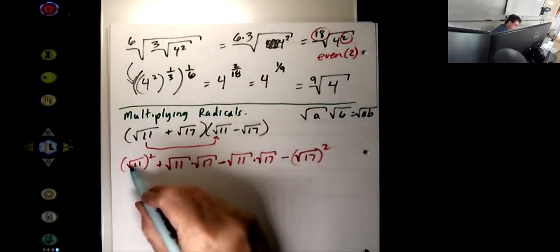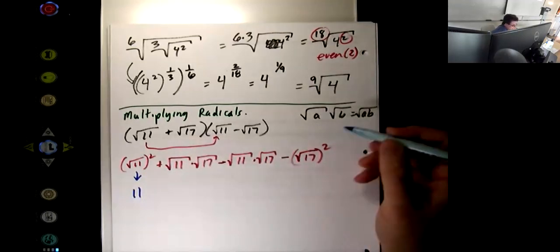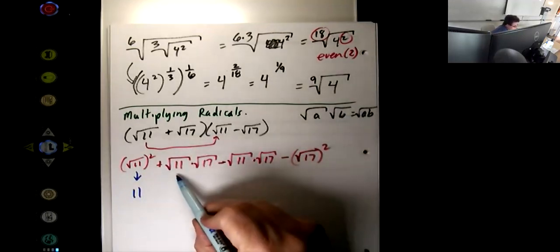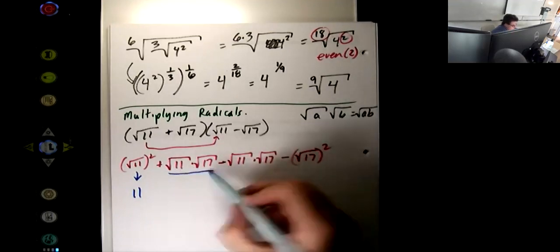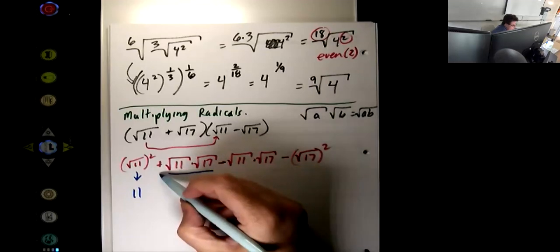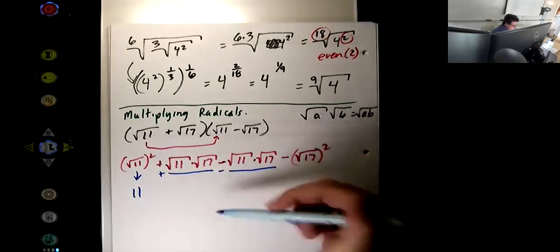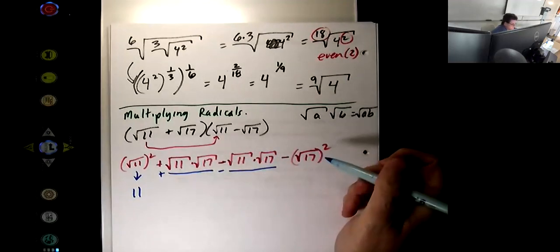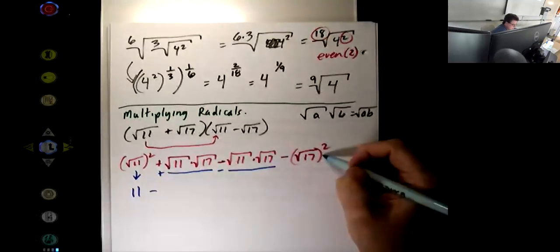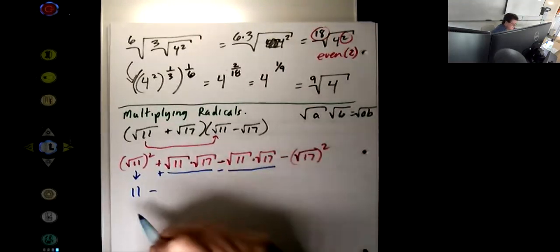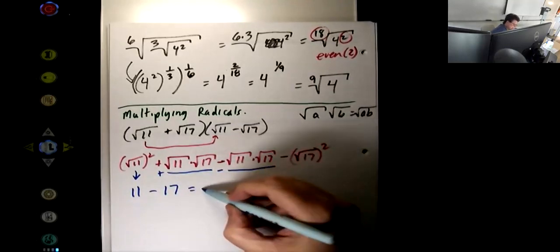Here, the square root and the square cancel each other out, that's just 11. I have root 11 times root 17 with a plus, and then the same thing with the minus. Those two just cancel each other out. And finally, I have minus the square root of 17 squared. The square root and the square cancel each other out and I get minus 17. This is just -6.